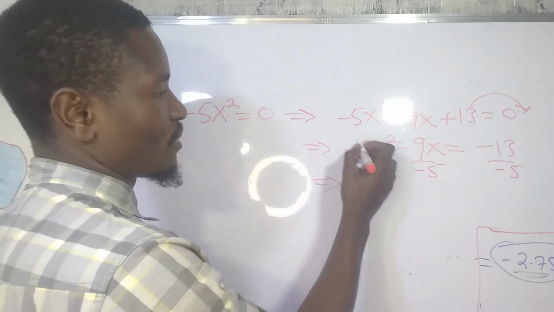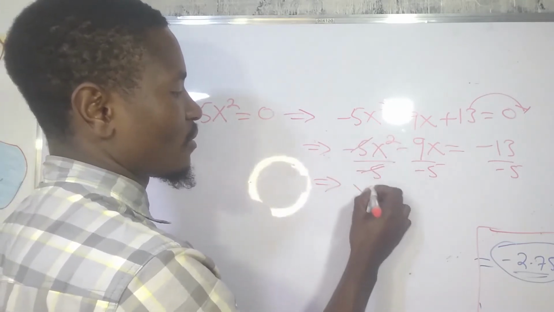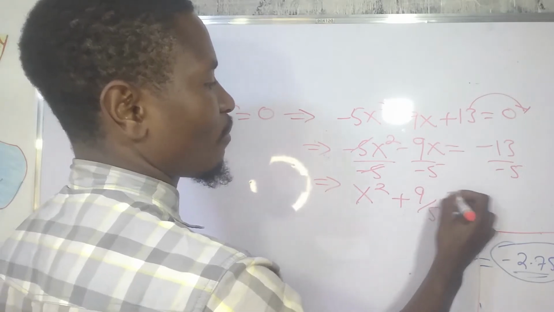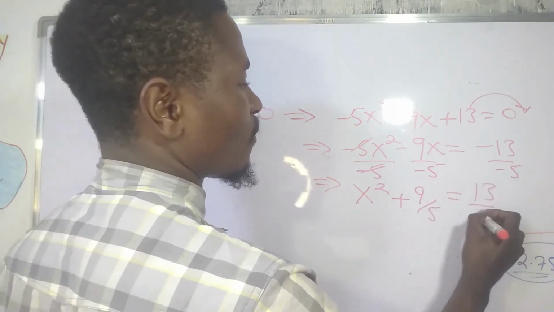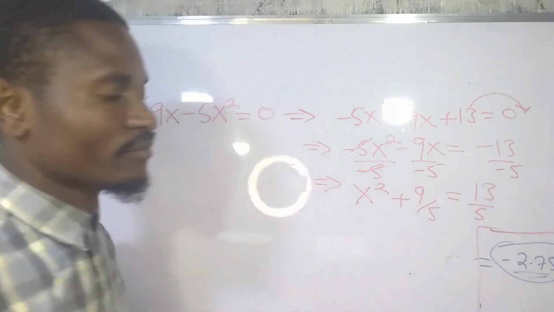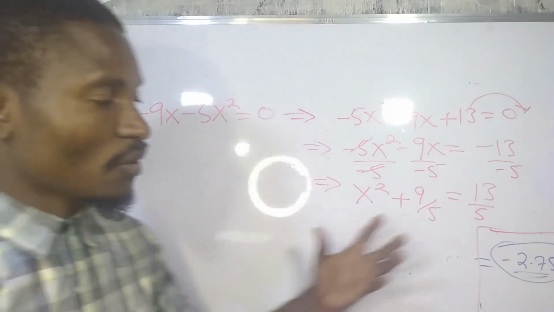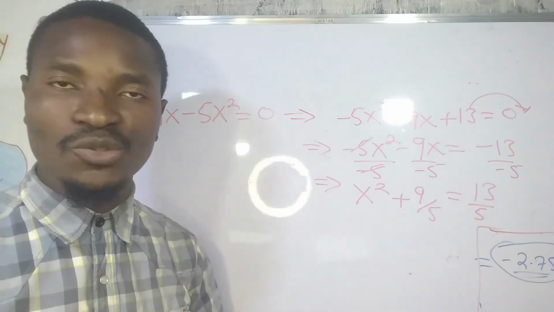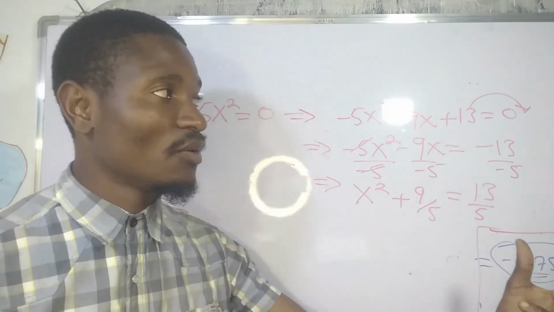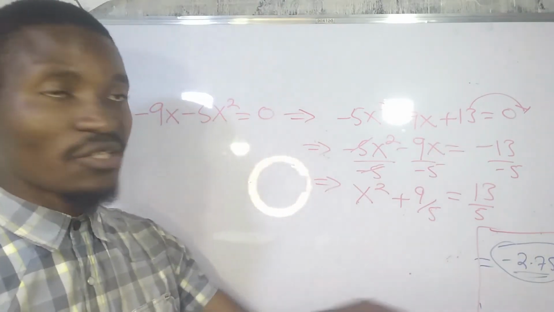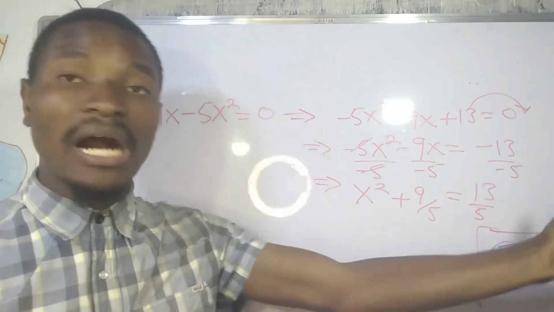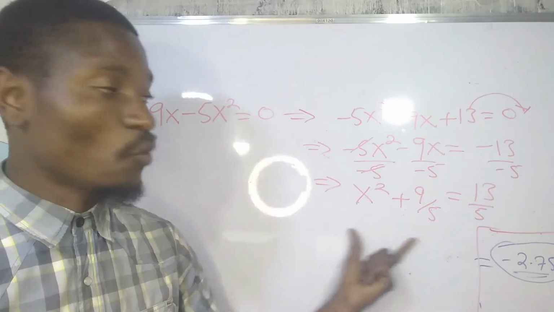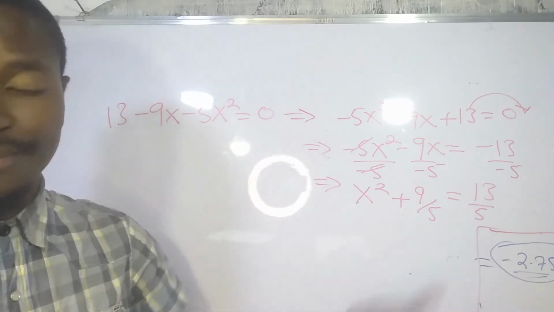So this goes to x squared plus 9 over 5 equals 13 over 5. Okay, so make sure that the coefficient of x raised to the power 2 is reduced to 1, meaning you divide by that coefficient throughout the entire equation, and then the equation is reduced to that.